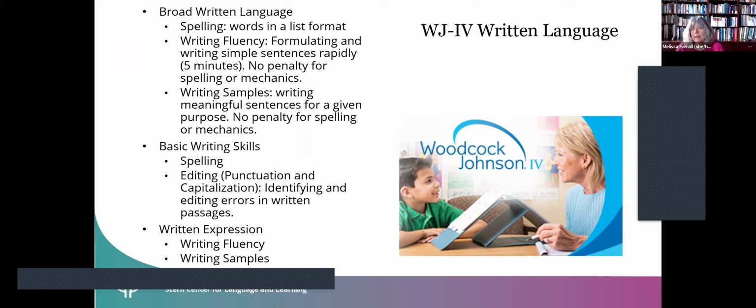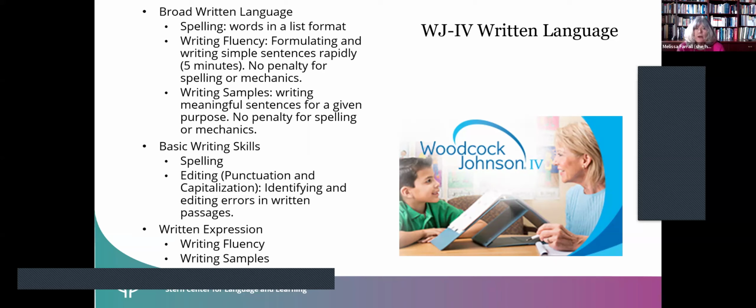So we can look at something called broad written language, which incorporates spelling. They have writing fluency and writing samples. Remember, writing samples is just about writing sentences. There's no spelling or mechanics, and there's no paragraph writing, which is where we get into organization.